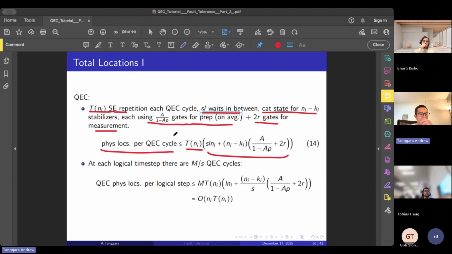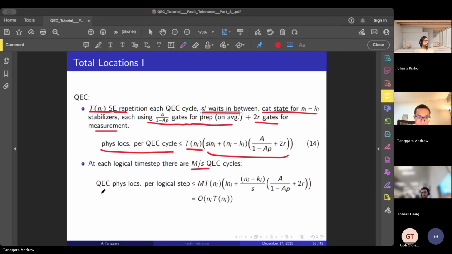So the number of actual physical locations for every QEC cycle is this equation 14. Then I do M over S QECs in parallel at any given time, well, between gates anyway.